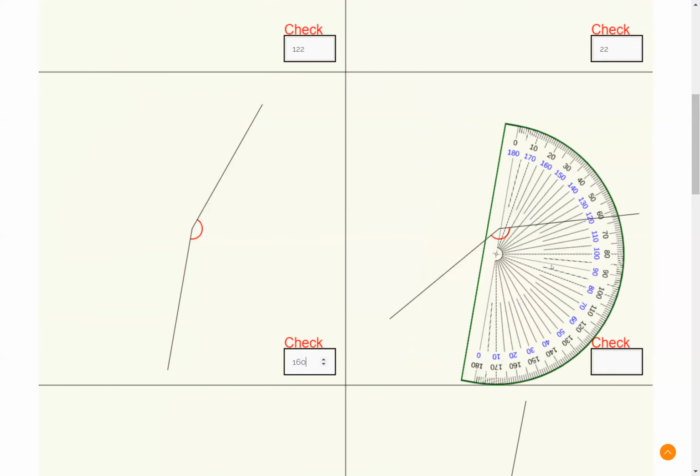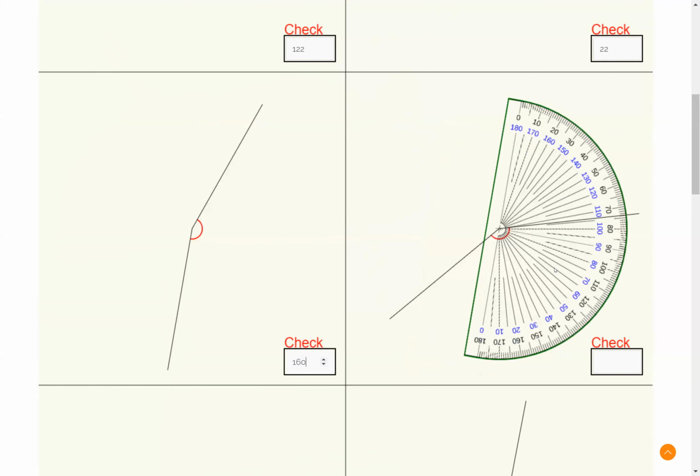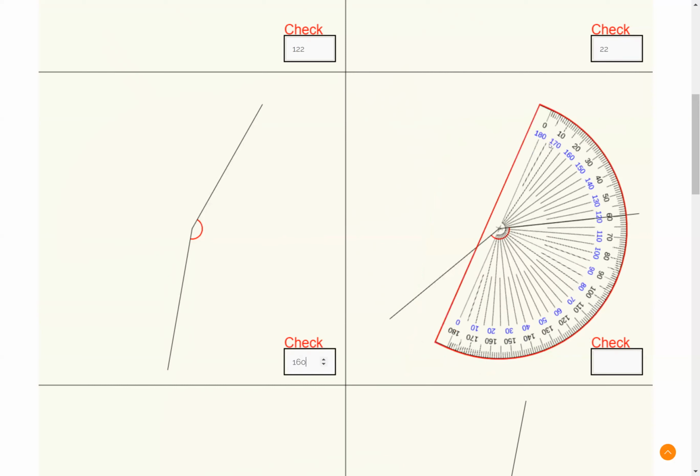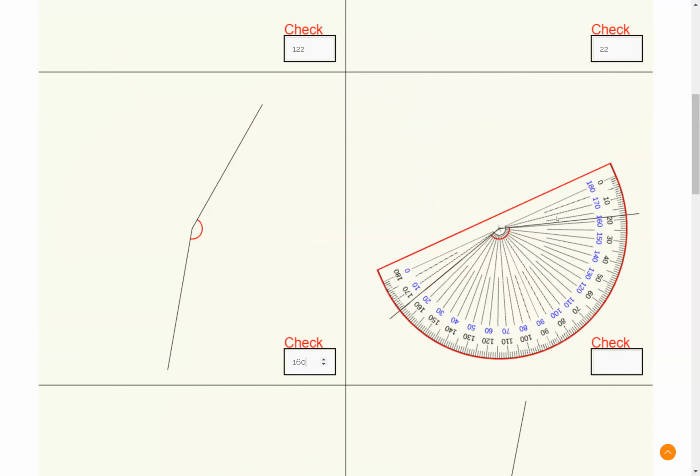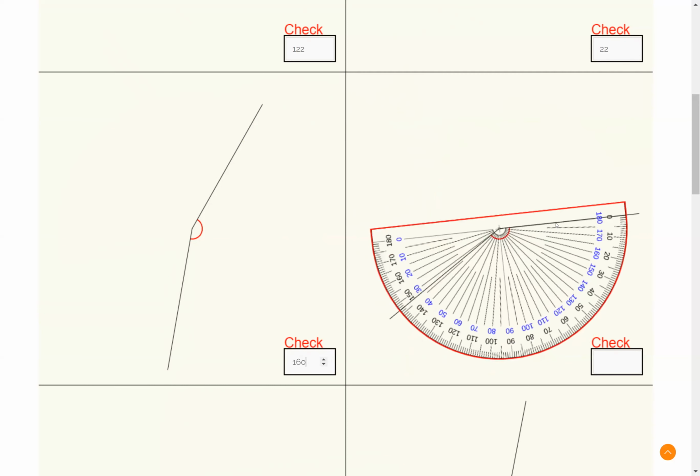Moving over to this side, I want to align my vertex. Let's use the black this time. I'll line this one up. Notice, this isn't on 0. So I'm looking at the one that's on 0, and those are the numbers I'm going to use. I determine whether to use the top numbers or the bottom based on where my 0 starts.